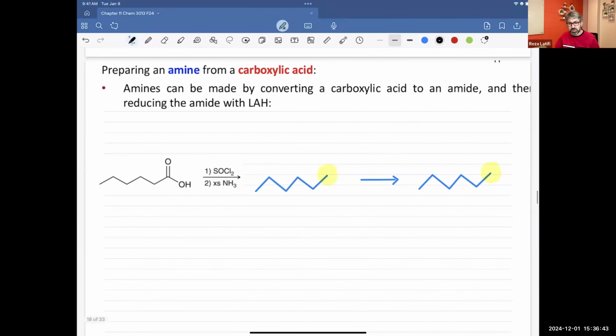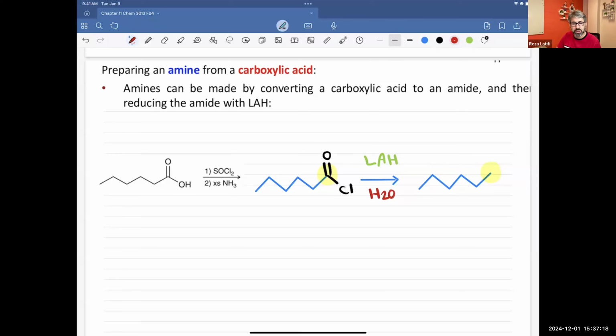Another one that we can use: we can start with the carboxylic acid and treat it with thionyl chloride, and that's simply going to get rid of the OH and replace it with chloride. So I get the chloride here, and we will have the carbonyl group there. Next step, we can reduce this again with lithium aluminum hydride, and next, we treat it with H2O.